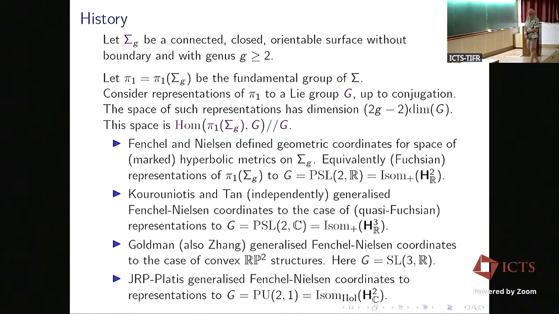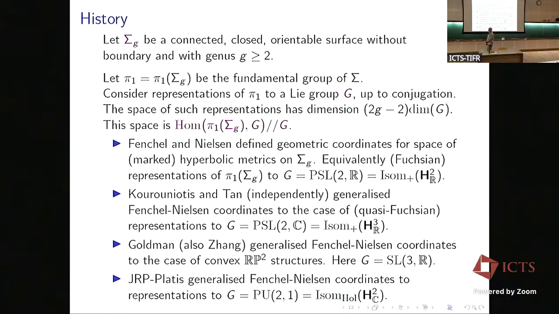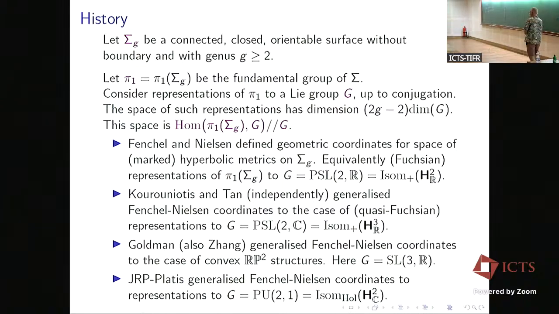Okay, so the story starts in the 1940s, the late 1940s in Copenhagen. Nielsen had just been invited to rebuild the maths department at Copenhagen University following the Second World War, and he invited Fenchel, who was German but had had to escape from Germany in the 30s.